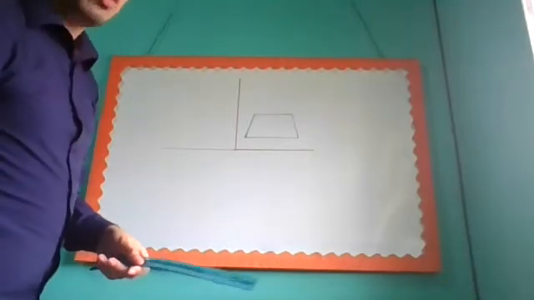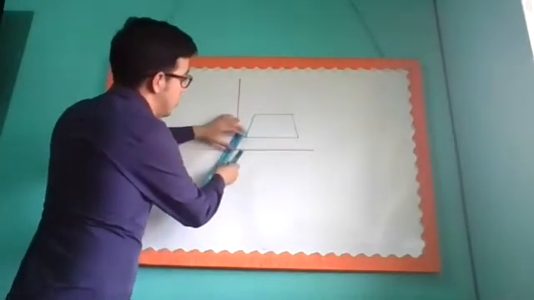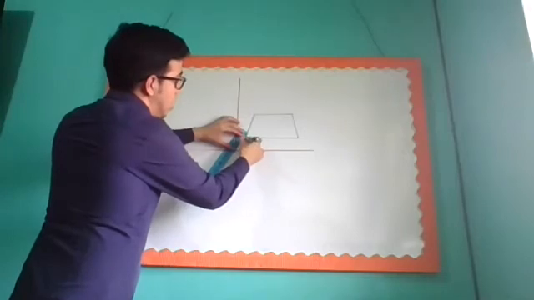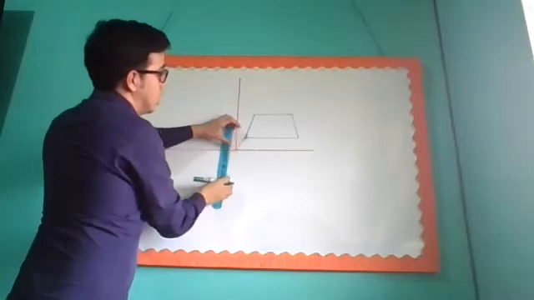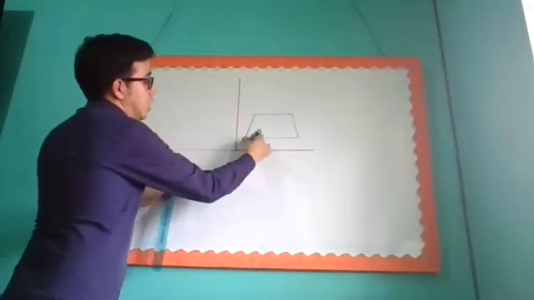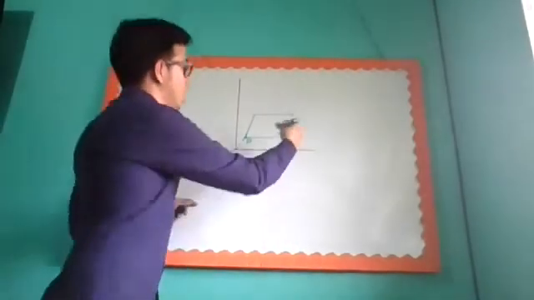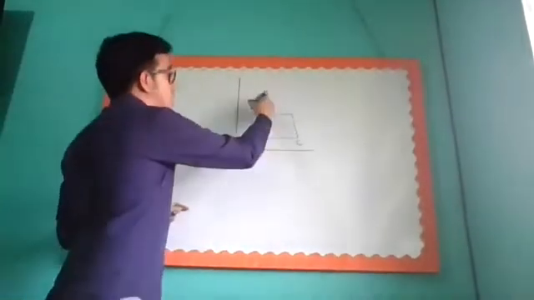I need a different color, but I only have two. So I try to show you using this. This is the origin, right? The point 0, 0. And you are going to draw the ray until this point, that this point has to be D. The other point is C. And in the top, we have A and B.